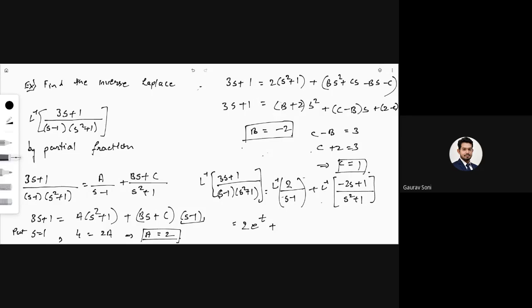By separating the numerator in the second one, what we will have, I'll take minus 2 outside, Laplace inverse of s upon s square plus 1 plus Laplace inverse of 1 upon s square plus 1. For both of them, you have the formula. So I will stop here, as I think you can solve it now.